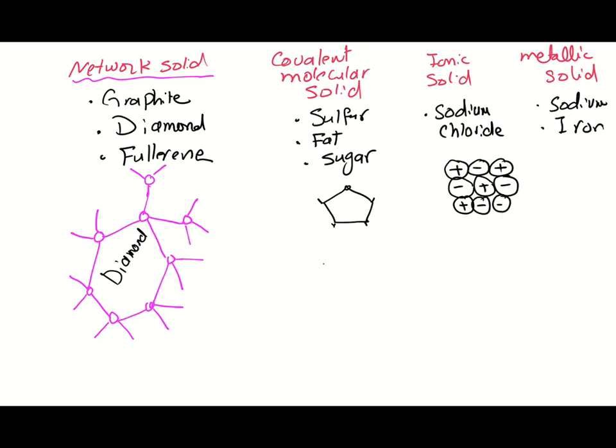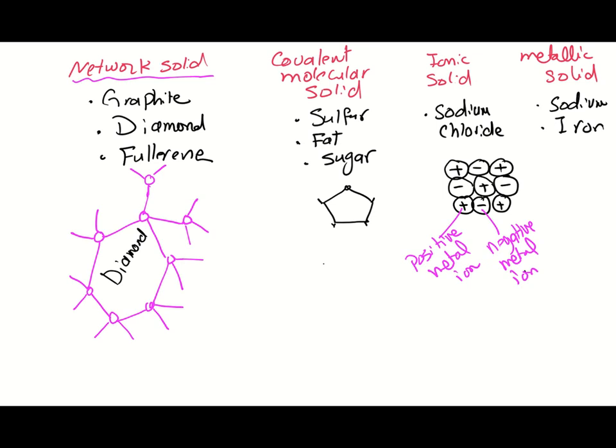When the metal atom loses its electron, forming a positive ion, like this one, it's a positive metal ion, and this one is negative, and they are strongly attracted by electrostatic attraction force.